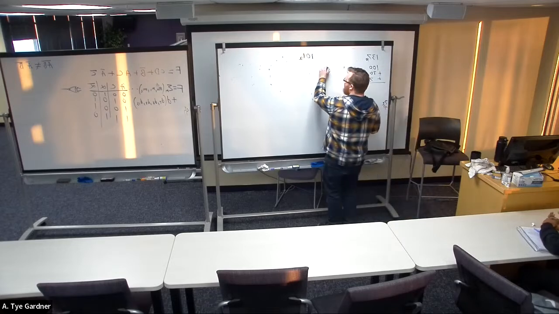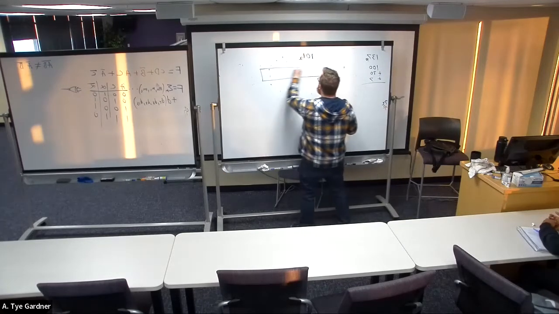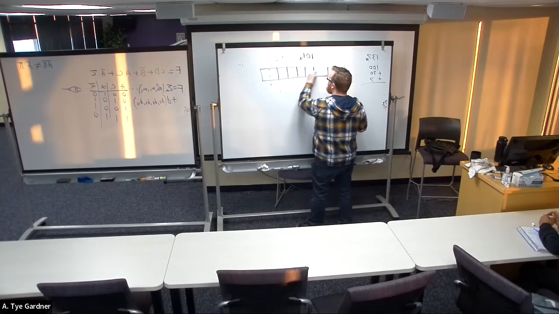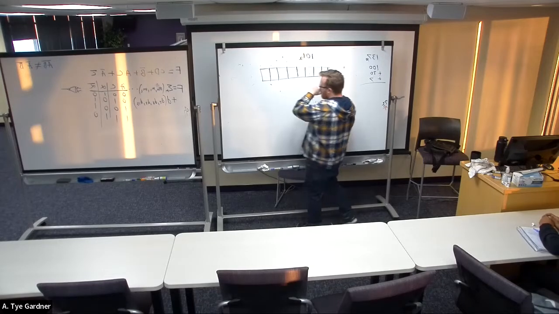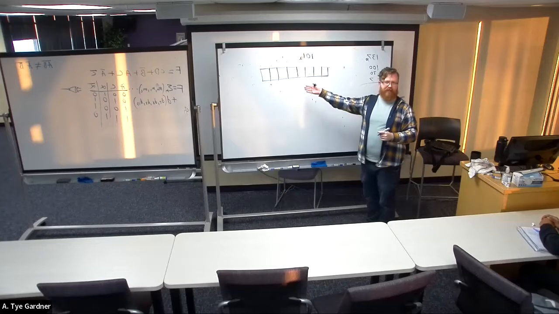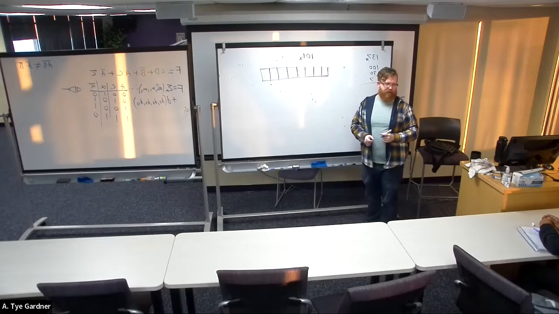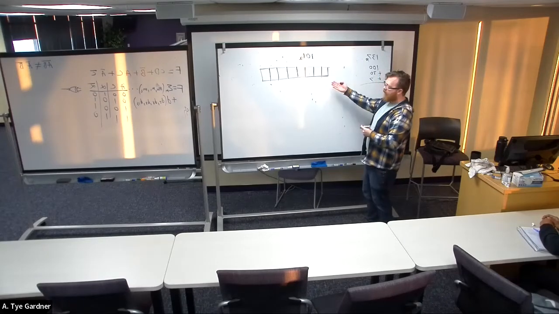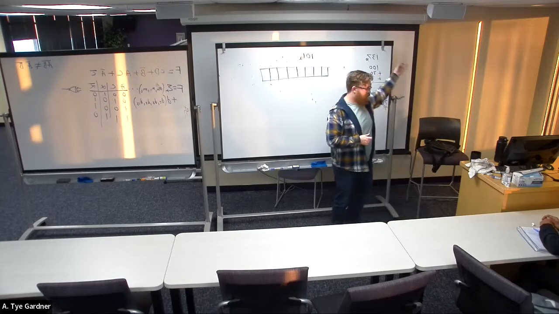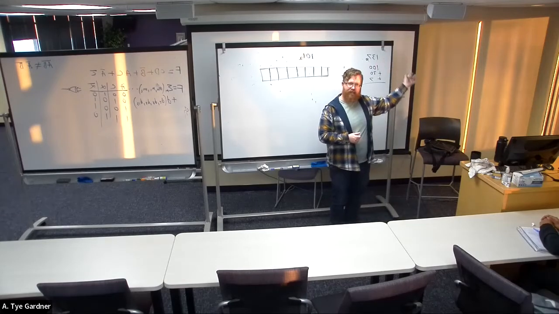So if I draw a nice big block, now I can make what we would call an 8-bit binary number. I have 8 blocks, 8 bits. Each block is a bit. In decimal, each column is a digit.